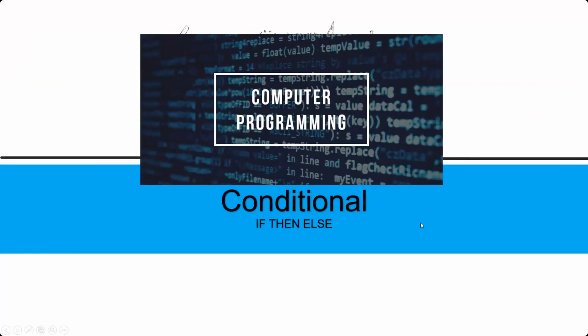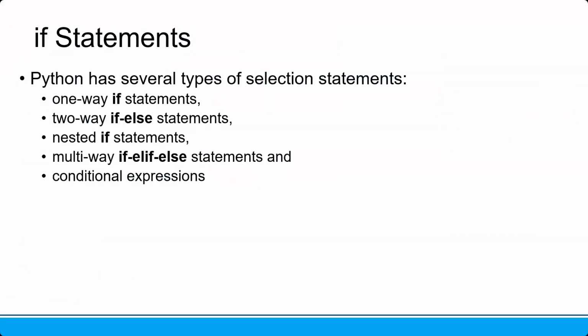Now we are going to learn more about the condition. What is condition, or I mentioned here conditional? And some of the literature mentions it as if-then-else. So Python has several types of selection. We call this selection.